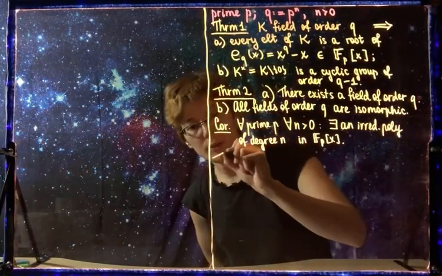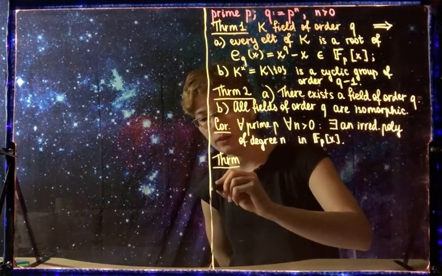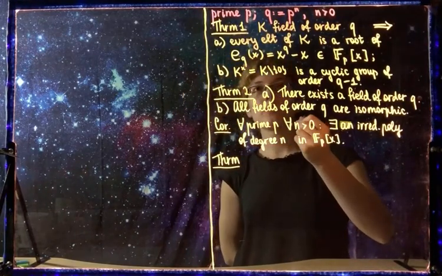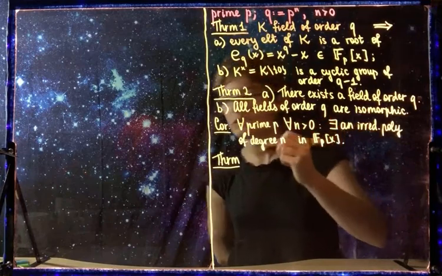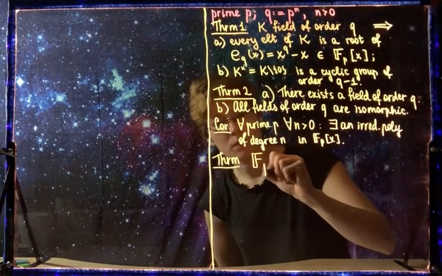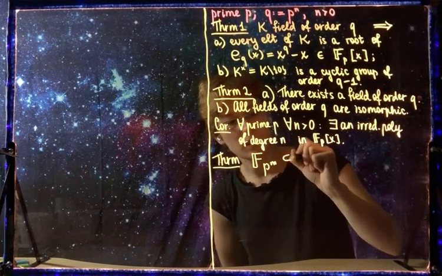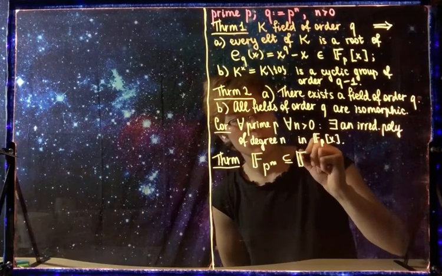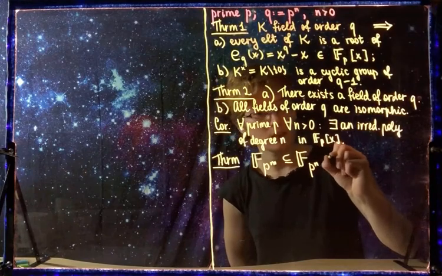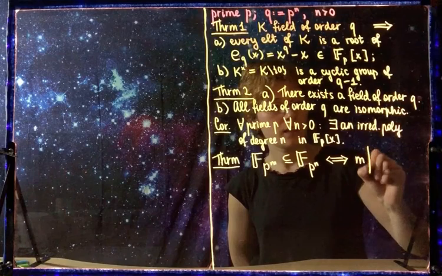And the last theorem describes when we have homomorphisms between finite fields. So we know that the only homomorphisms between fields are inclusions, and I claim that F sub p to the m is contained in, or can be mapped to, F sub p to the n if and only if m divides n.